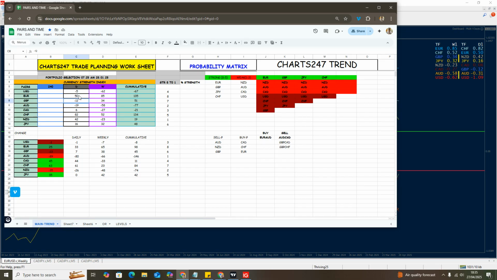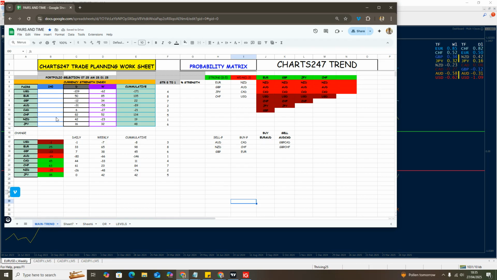Aussie is minus 31, so that's a bona fide downside movement. The US dollar, wow, 109. Okay, and this is the cumulative number.